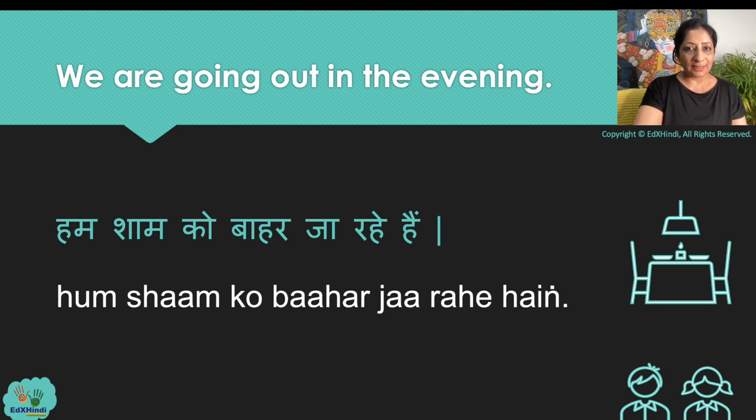In means mein, which is called a postposition in Hindi. When in is used with the time of the day, then it doesn't translate to mein. It should change to ko. So in the evening is not sham mein. It is sham ko.